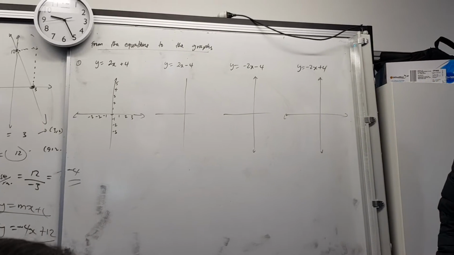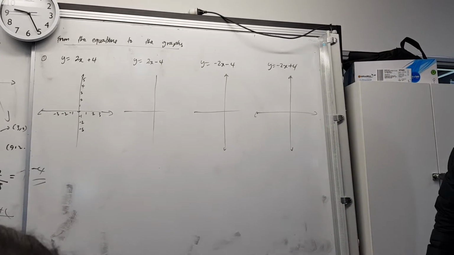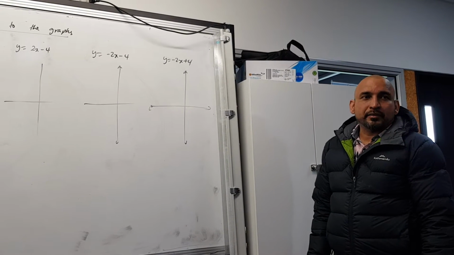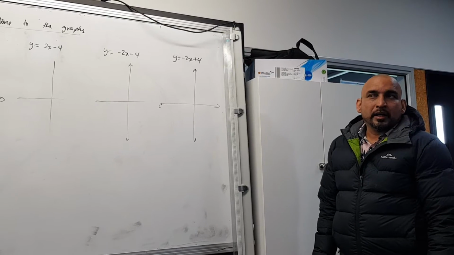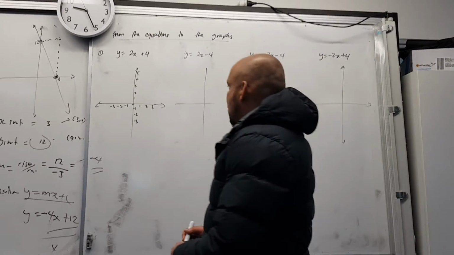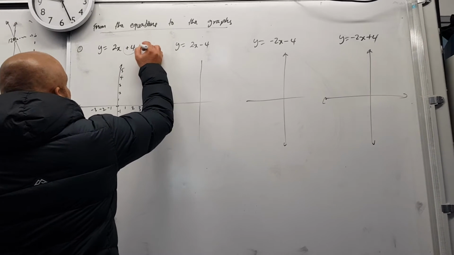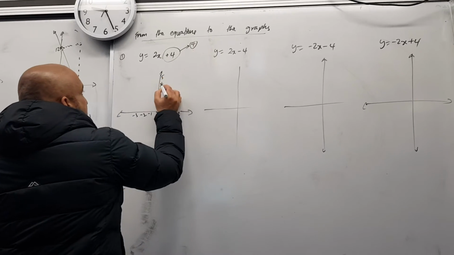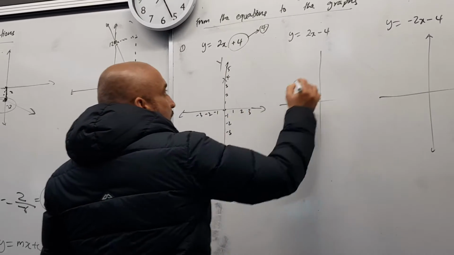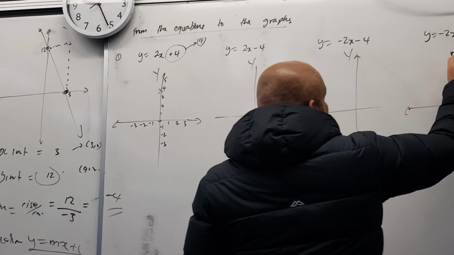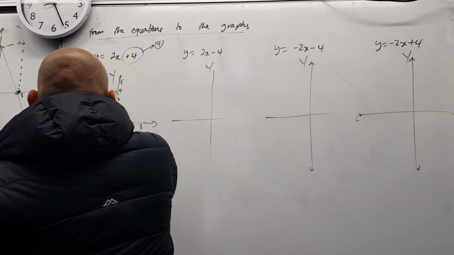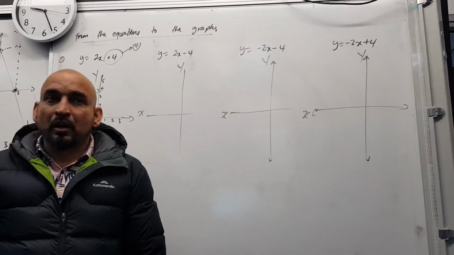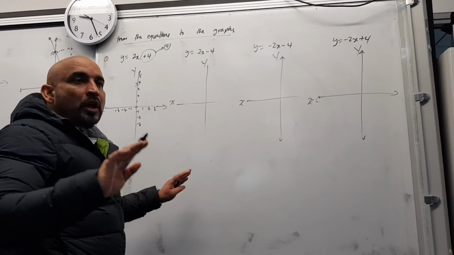Now, guys, for the first time, from the given equations, we are drawing the graph. Let's find our y-intercept. What's my y-intercept? It's 4. This is my y line, and this is my x line.